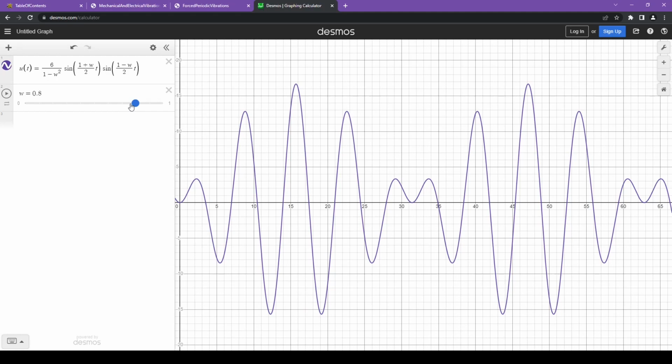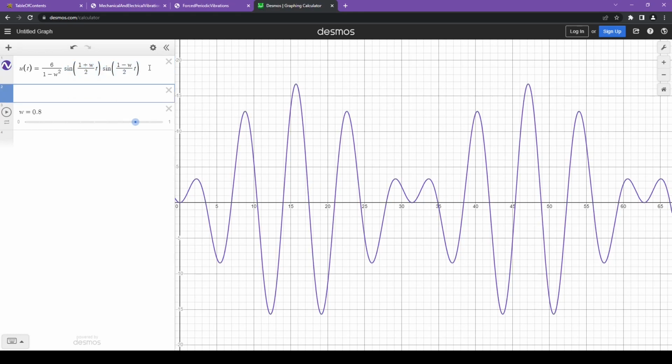Now, the idea behind what's going on here is that we see on screen two pretty clear waveforms. All right. Now, the waveforms are being constructed here because of the interactions between these two different functions.